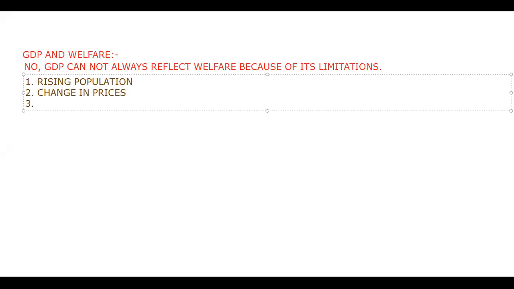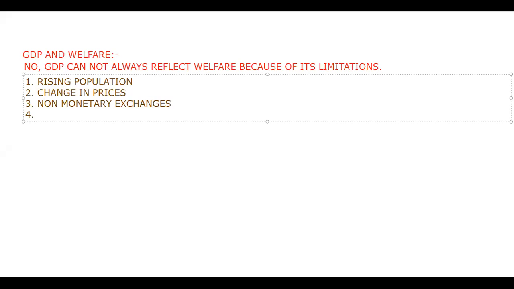So the next point can be non-monetary exchanges. You remember non-monetary exchanges? There are various activities which we do in our economy which are non-monetary exchanges. For example, housewife services, leisure time activities.